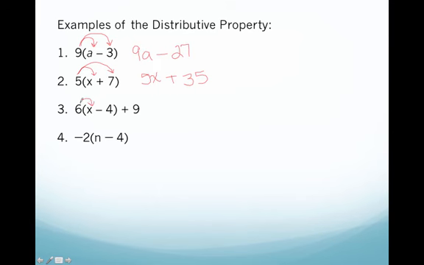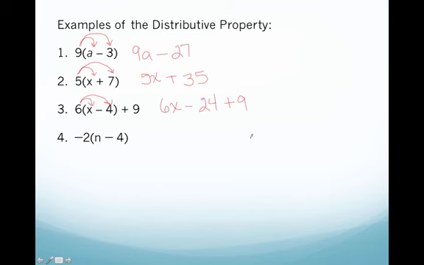Okay, here I've added another term. So I've got my 6x, and then I've got 6 times the negative 4, so 6 times negative 4 is negative 24, or we could add a negative 24 or subtract 24, plus 9.